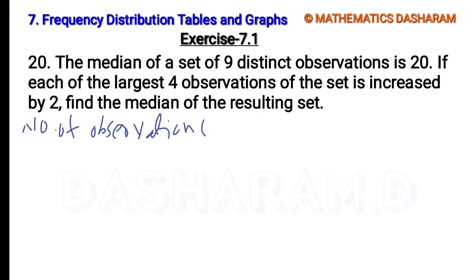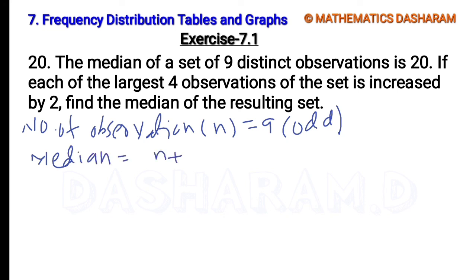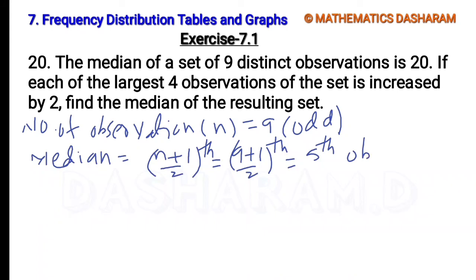So from the question, the number of observations n equals 9. 9 is an odd number. If n is odd, then the median equals the (n plus 1) by 2th observation. 9 plus 1 by 2 means the fifth observation is the median.